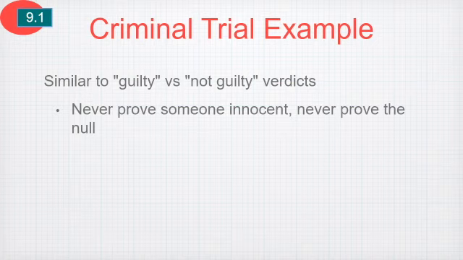You never ever prove that, and we never prove the null hypothesis. We simply say that we are going to reject the null or we fail to reject the null. So it's similar to guilty versus not guilty. Yeah, not guilty implies innocence, but not exactly. It just means that we didn't have enough evidence to find them guilty. And that's the same that's true with the null hypothesis. If we have enough evidence, we can reject the null. If we don't, then we fail to reject it.